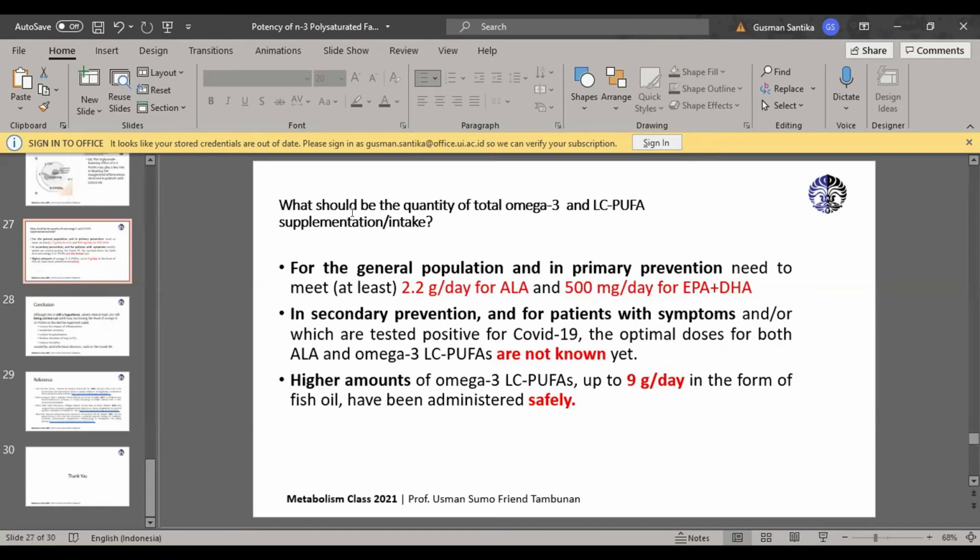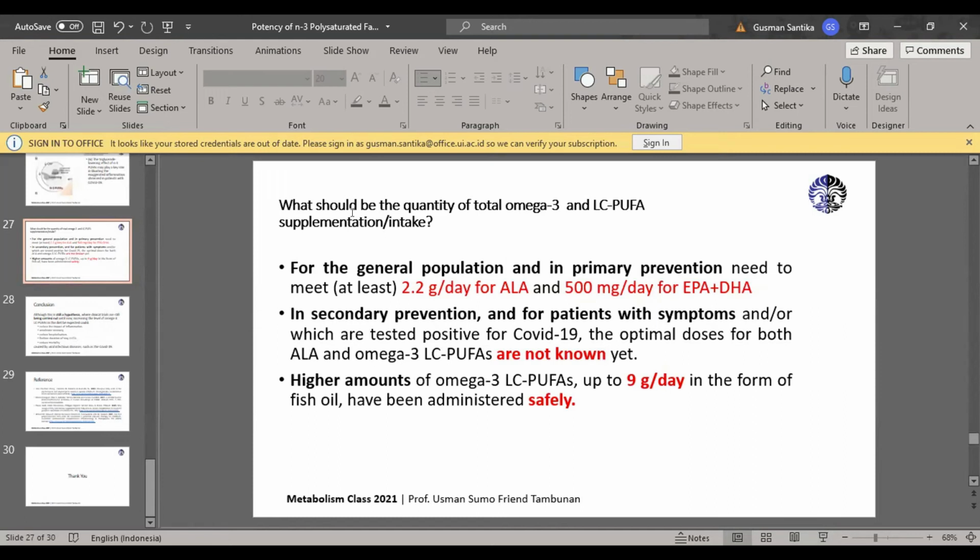As long as we have enough supplementations of PUFA, it can reduce the effect of COVID-19.